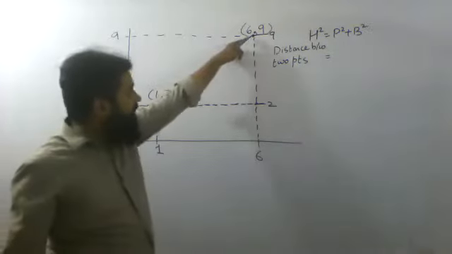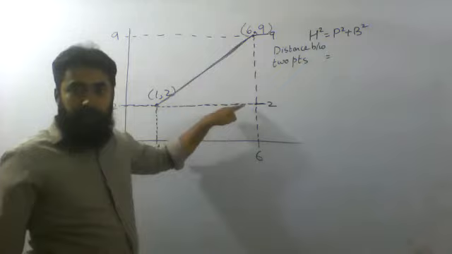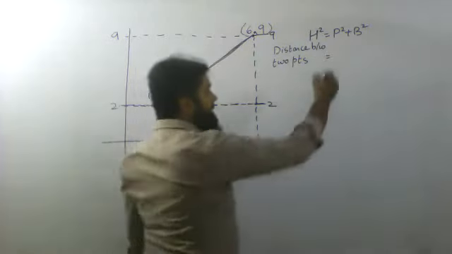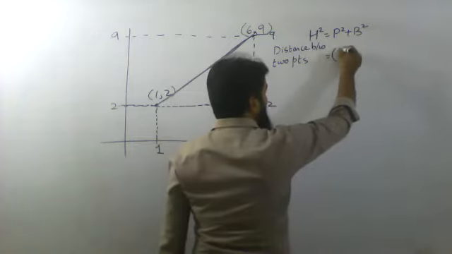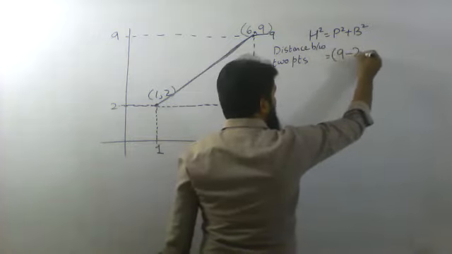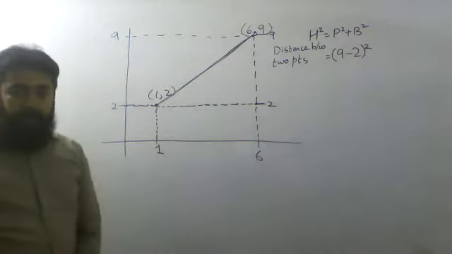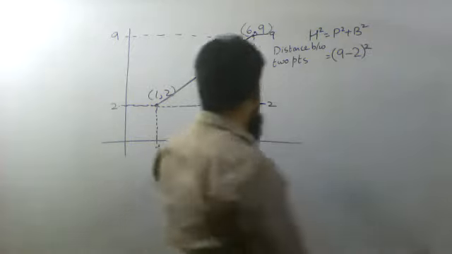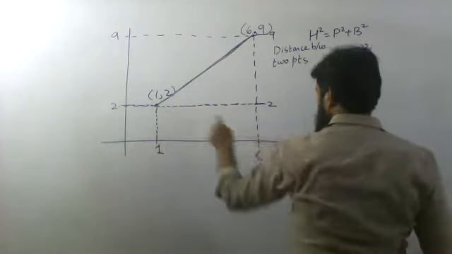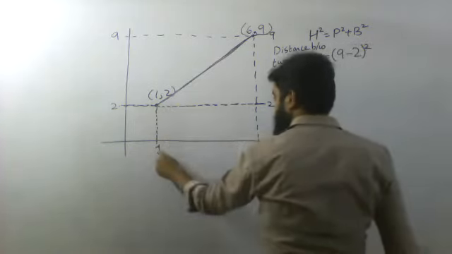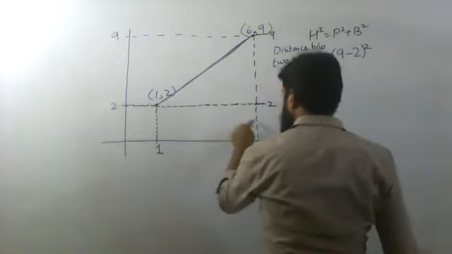So how will I find my perpendicular? This point is 9. This point is 2. So can I say that in order to find the perpendicular, I can write it as (9 minus 2) whole square? Okay? Now, finding the base. This point is 6. This point is 1. I have to find this length.